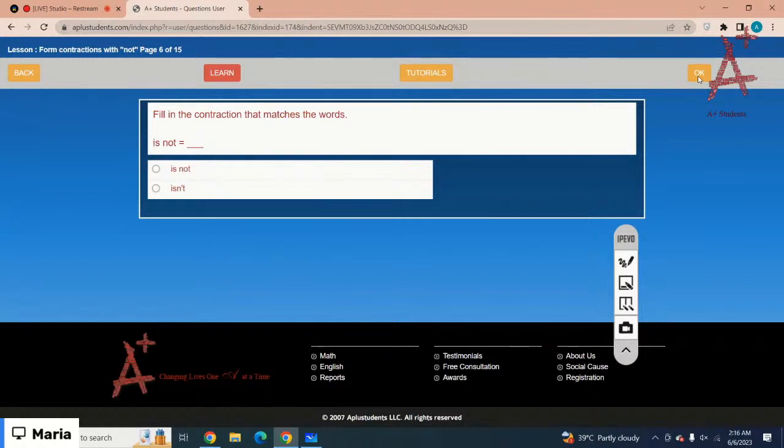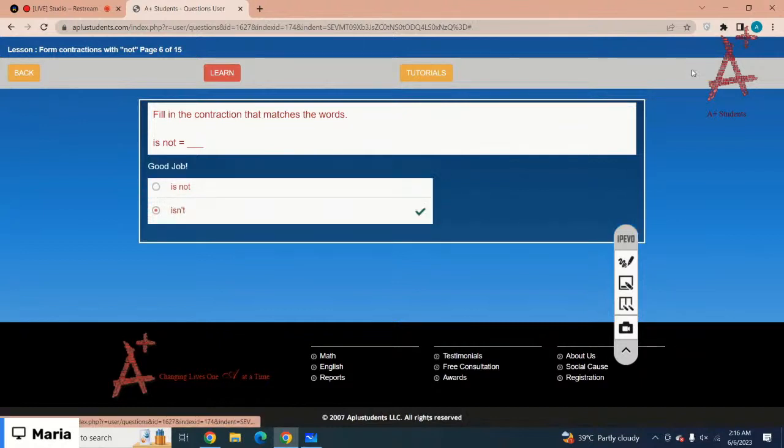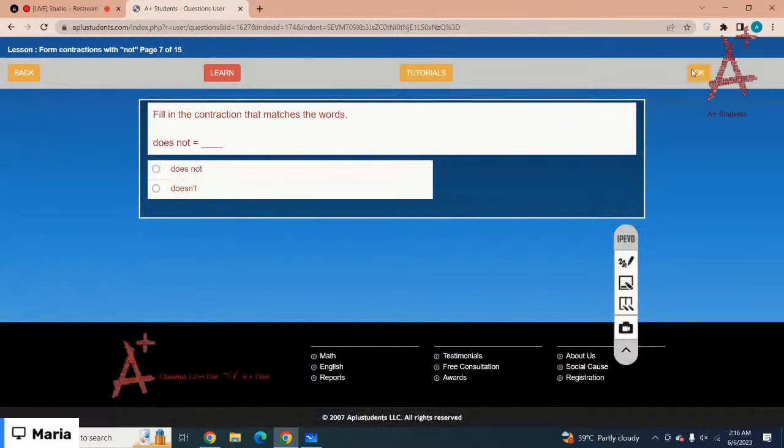You can write it as isn't. Okay, the next one is fill in the contraction that matches the words does not. So which is the correct option? Option one or option two?